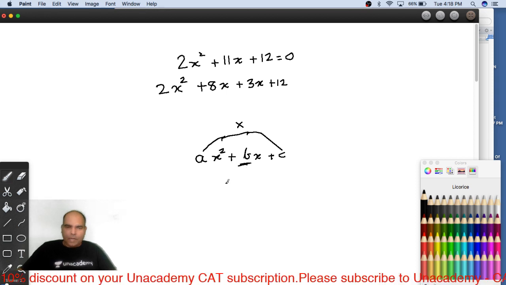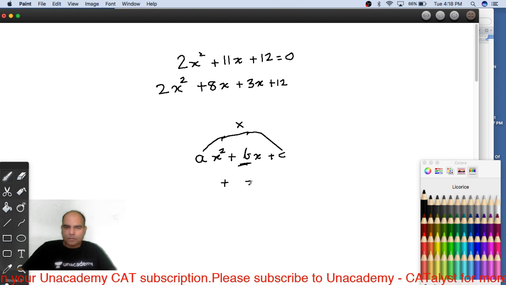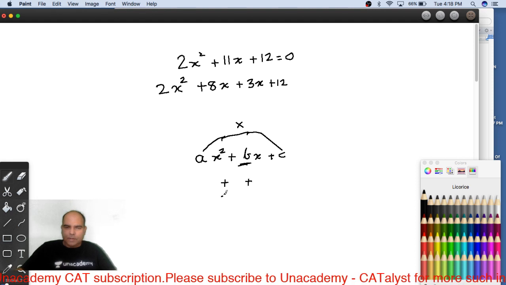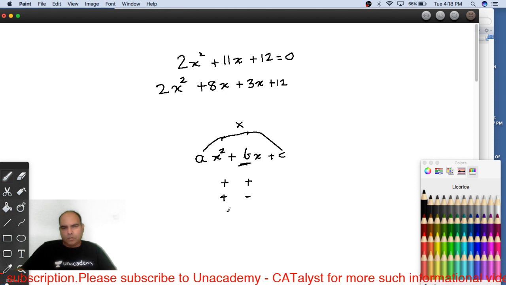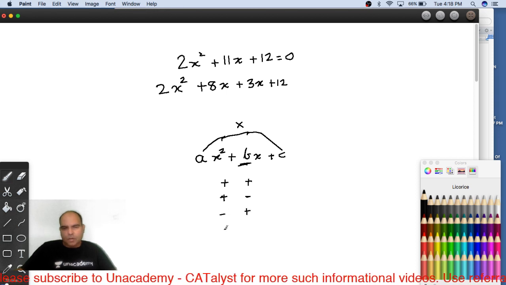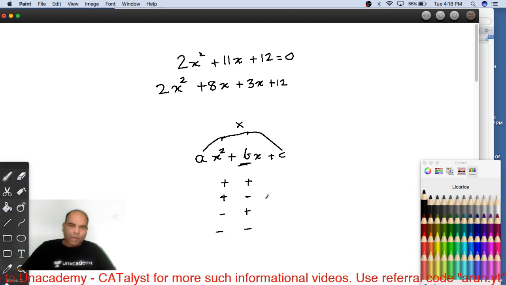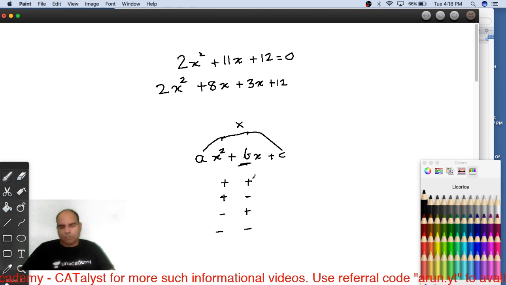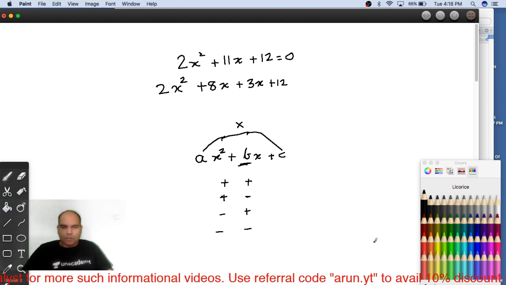And there are four kinds of splitting of b: the plus plus split, the plus minus split, the minus plus split, and the minus minus split. So there are four ways or four essential dimensions of splitting the middle term.